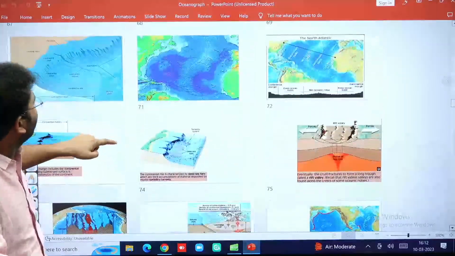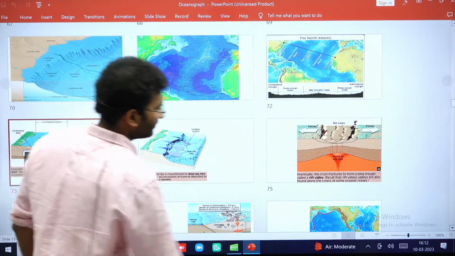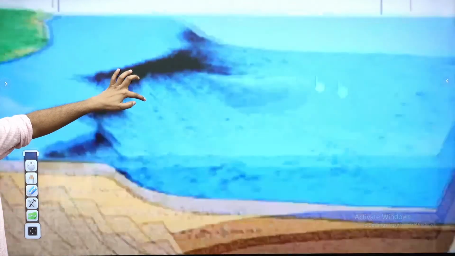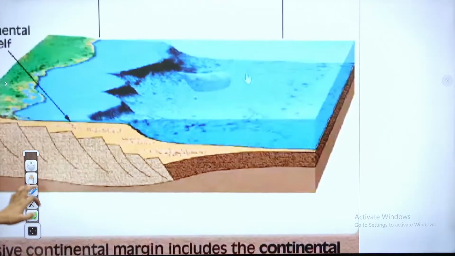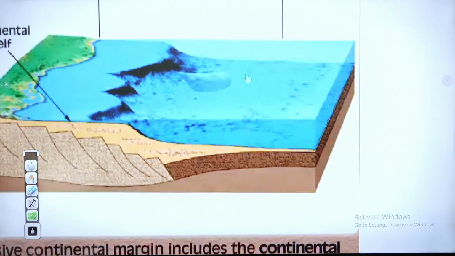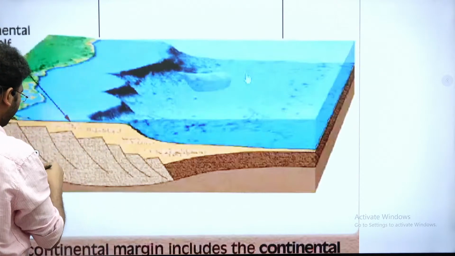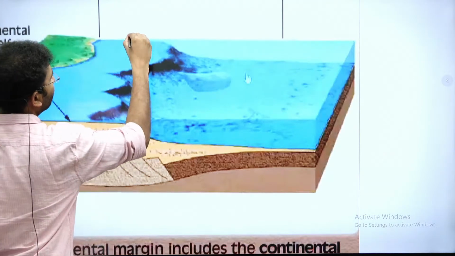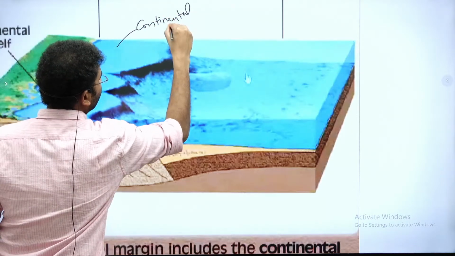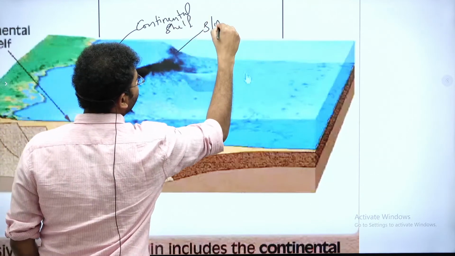When you have continuous depositions on the continental shelf, see here. Look, Sumant, this is your continental shelf, and this is your slope.